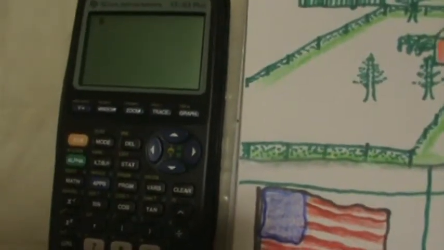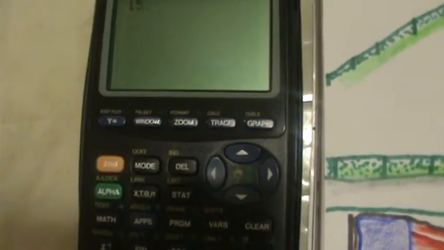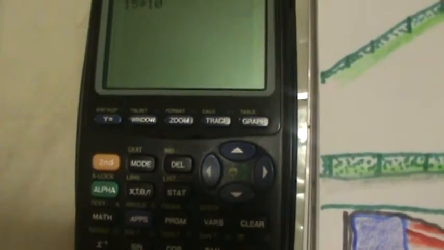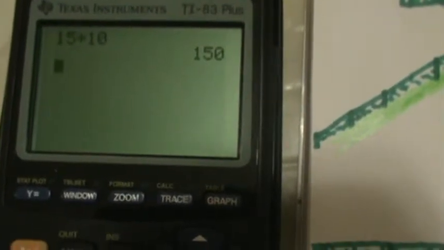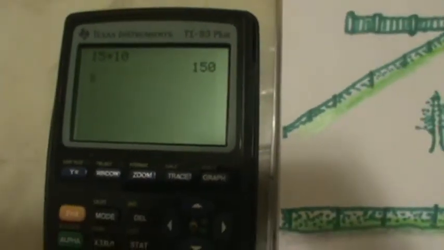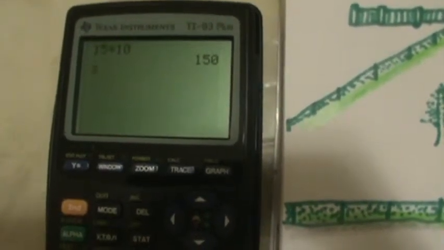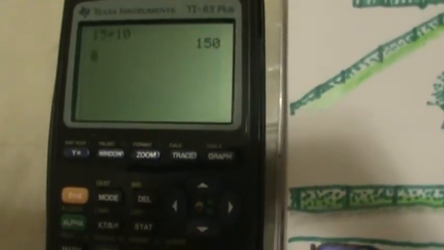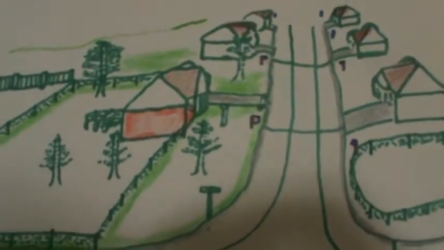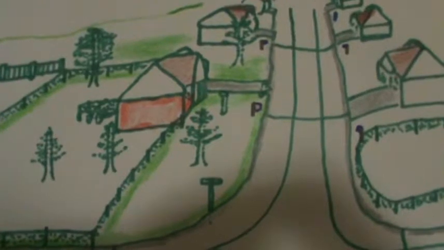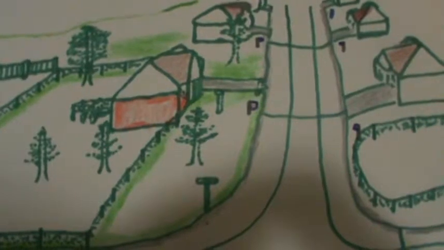So if we do the math problem, 15 multiplied by 10 houses is about 150 flags. I would say maybe 10 subdivisions, if you take 15 flags and mark about 10 houses, and then do another 10.